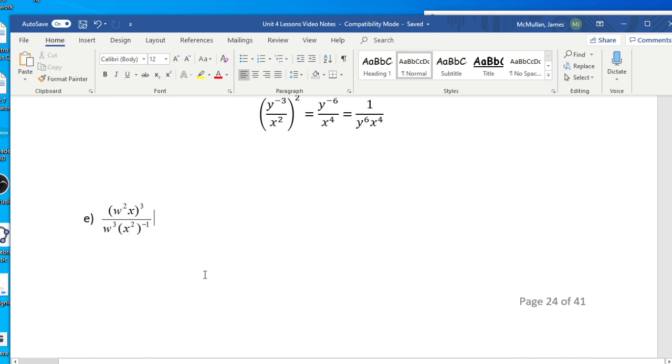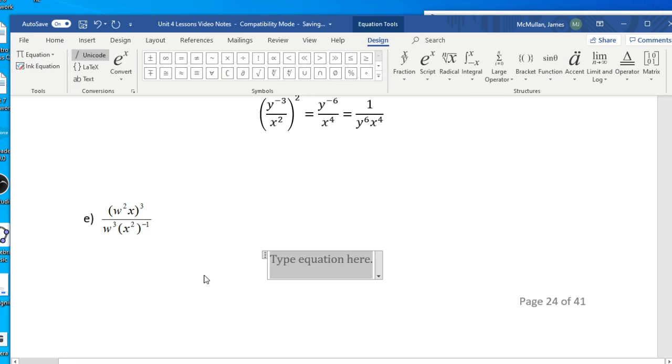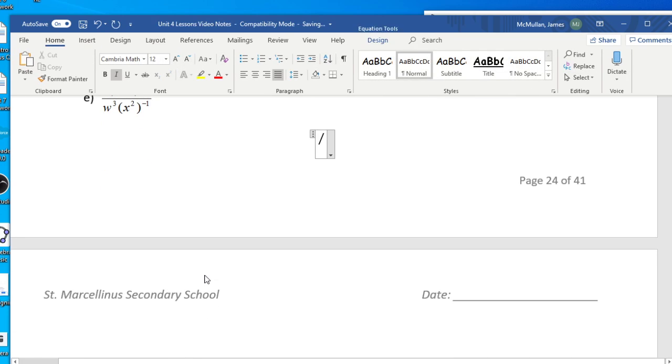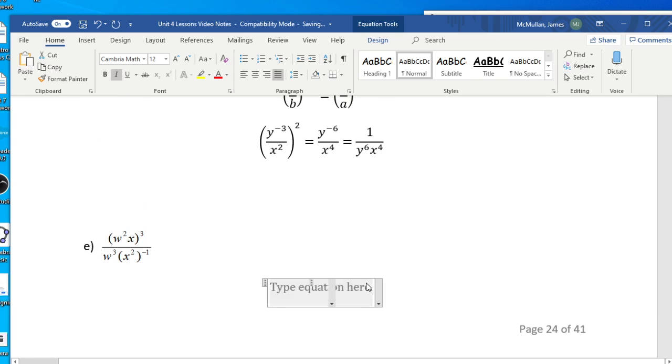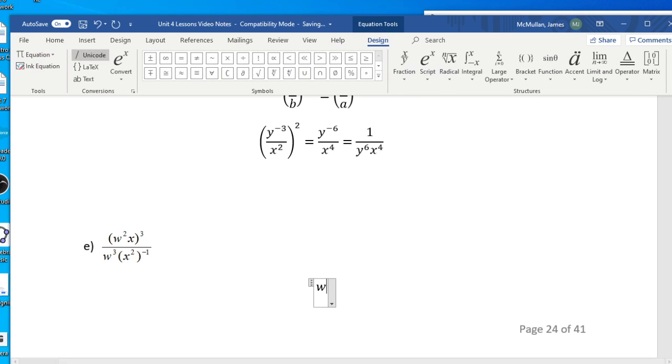Okay, let's, again, you can attack these ones any way you want. I'm going to start this one by distributing all the exponents inside their various brackets, so I'm going to get w to the 6, x to the 3. All I'm doing there is a power of a power by multiplying them.